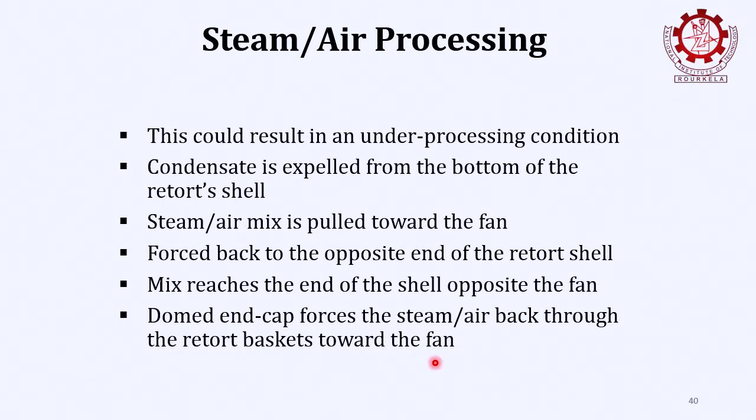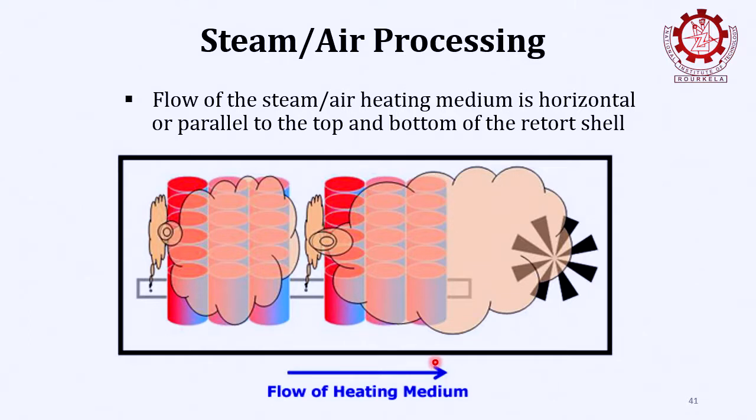I think I should have one picture here. So this is what it is. In this case, the steam is flowing from one end to the other end because you have the fan. And this fan could be positive pressure or negative pressure. If it is positive pressure and the fan is here, it will go in this direction. If it has a negative pressure, it is basically sucking the steam and air from this end to this end.